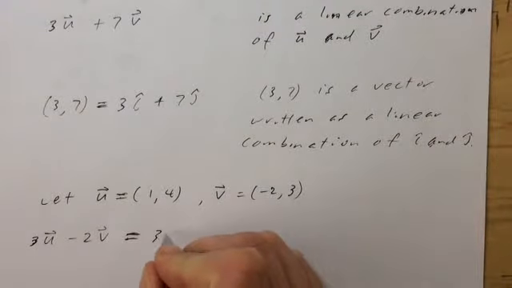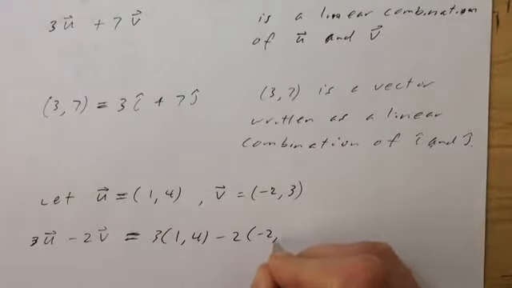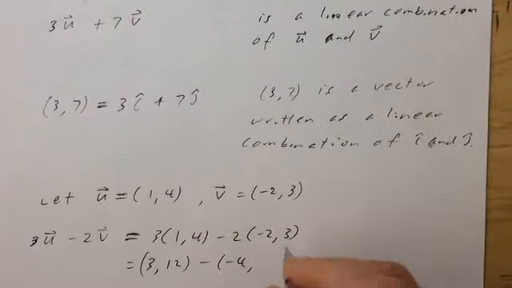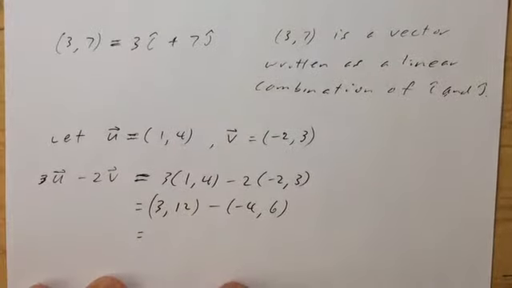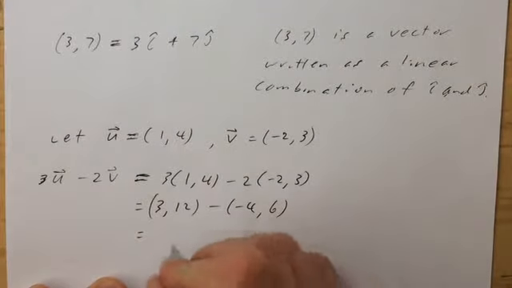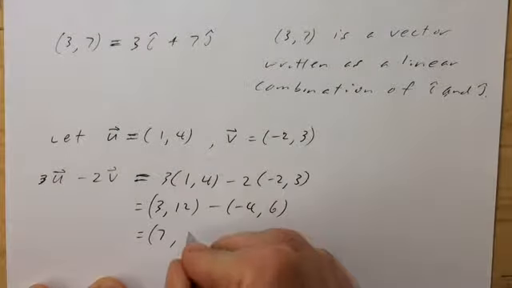Well, it's going to be 3 times 1 comma 4 minus 2 times negative 2 comma 3, and we get 3 comma 12 minus negative 4 comma 6, and 3 minus a negative 4 is 3 plus 4, which is 7, and 12 minus 6 is 6.